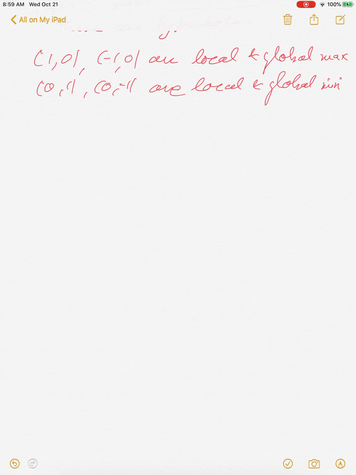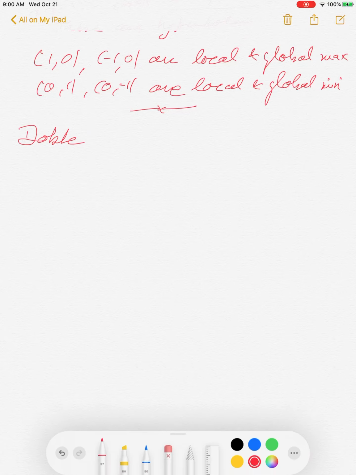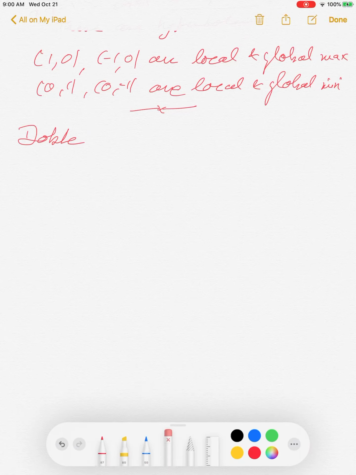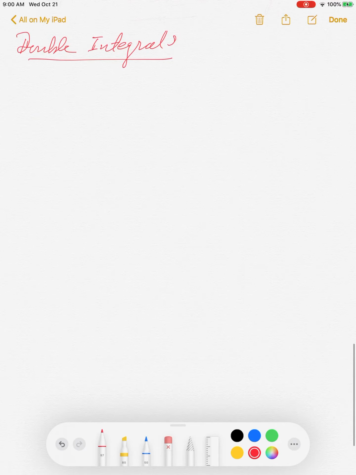Now let me begin with the next topic, which is going to be double integrals. So that's the next chapter. My spelling of double isn't right. So, what is the aim?